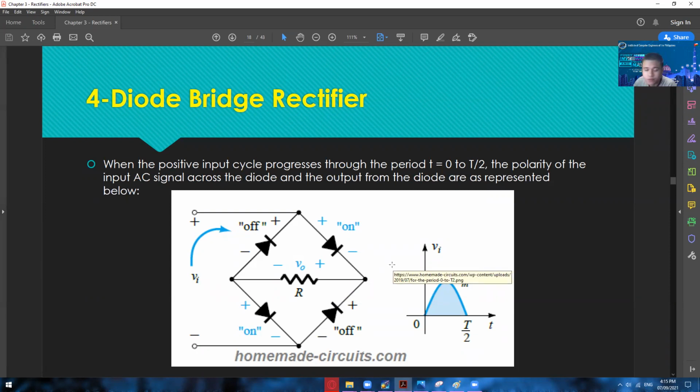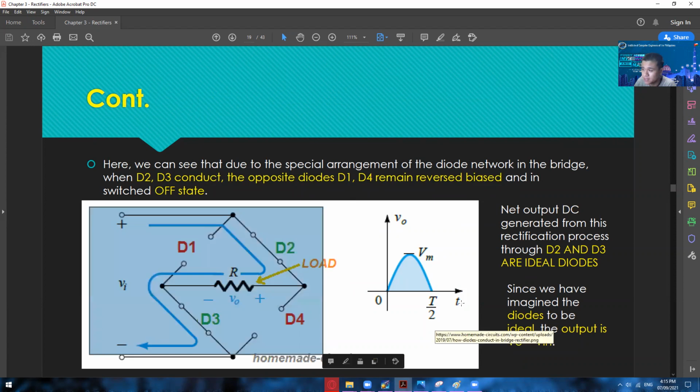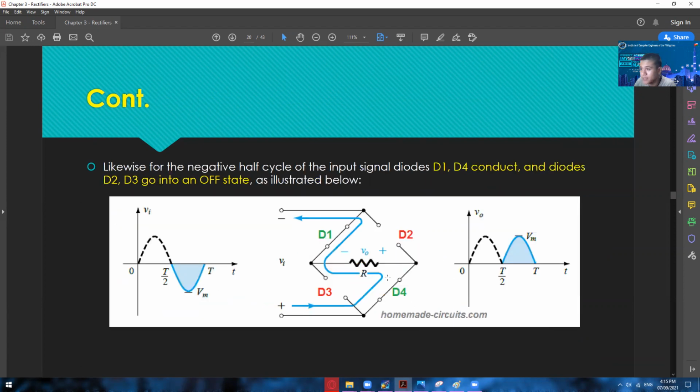Okay, so just like what I was saying a while ago, if we have the positive half cycle, we have this flow of current. So if D2 and D3 conduct, the opposite diodes D1 and D4 remain reverse biased. This one is for the positive half cycle, and the other one is now the negative half cycle.